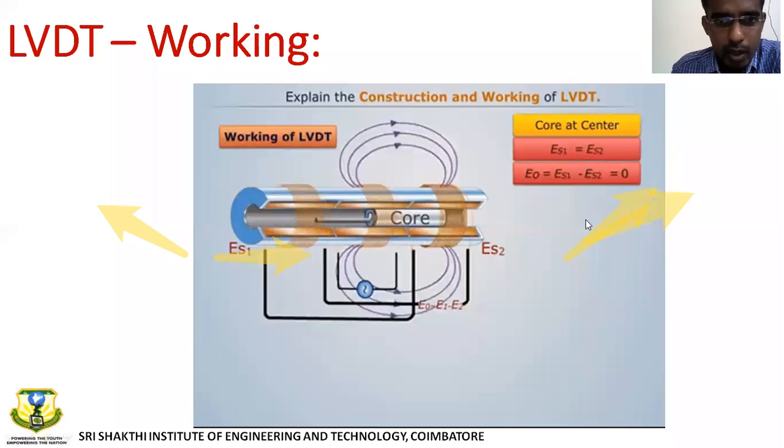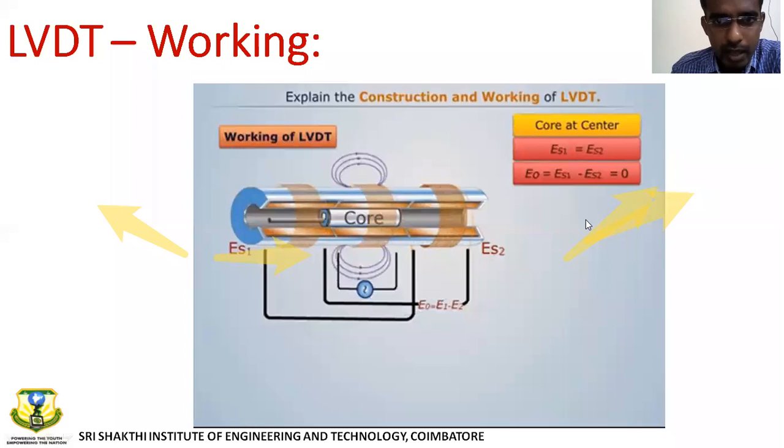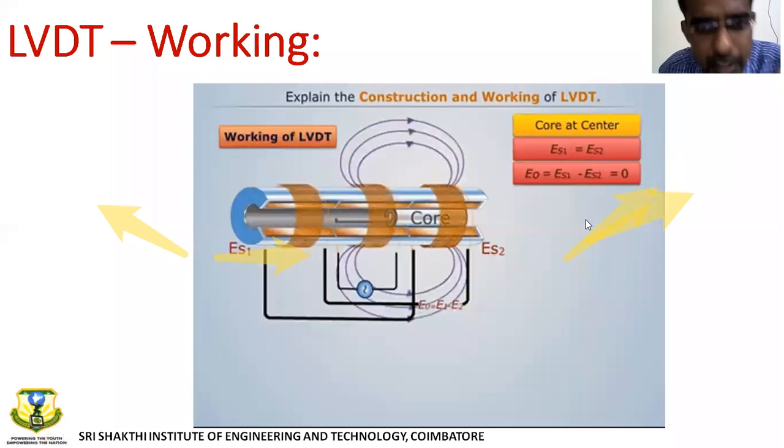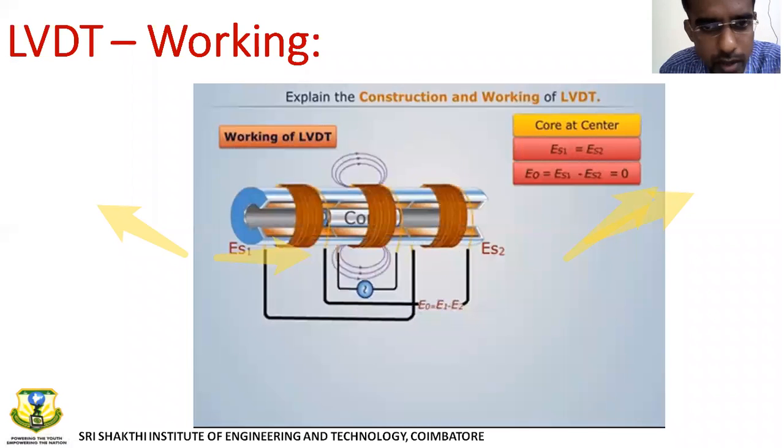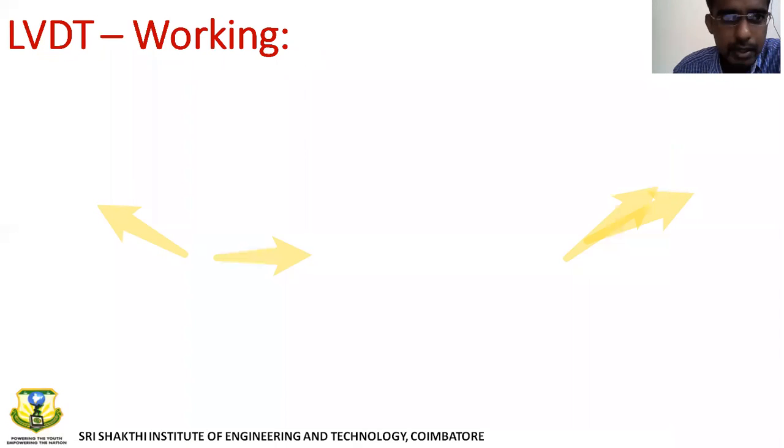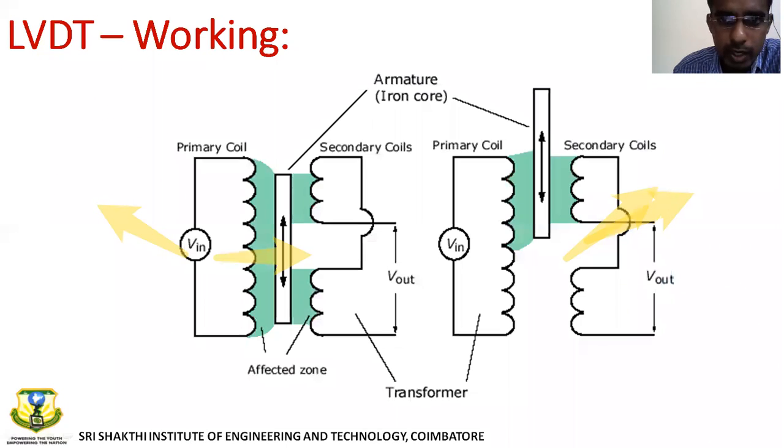So this is the principle. According to the movement, the output voltage is going to differ. Movement is converted to voltage variation, simple. So when it moves upwards, there is more flux linkage on this coil.